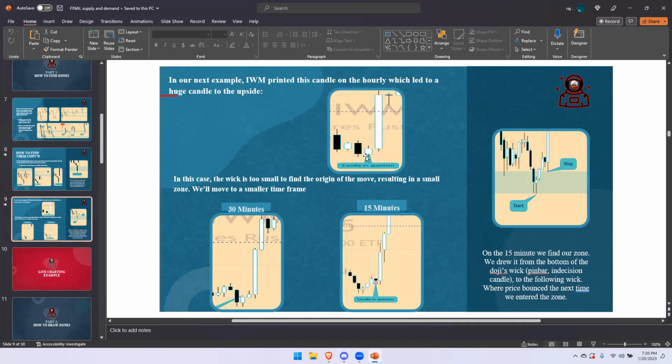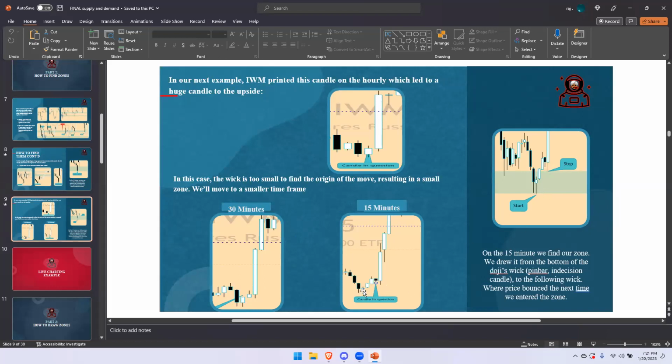I couldn't make a zone on this hourly candle because it would be way too small. So I looked down to the 30-minute and it kind of started making more sense. Then I took it to the 15-minute and that's when it made the most sense. So what I did was take my zone from the bottom.